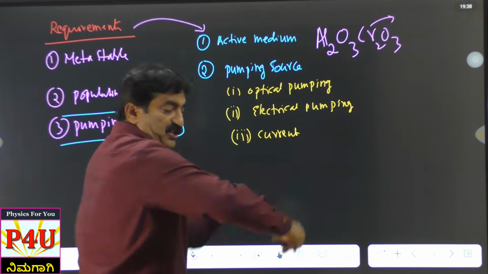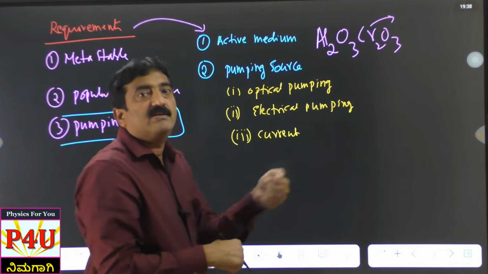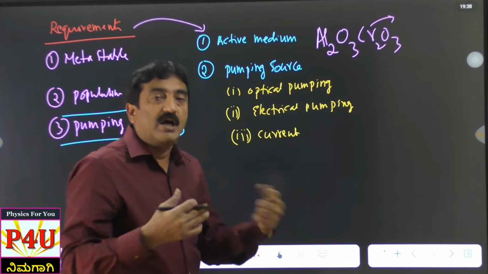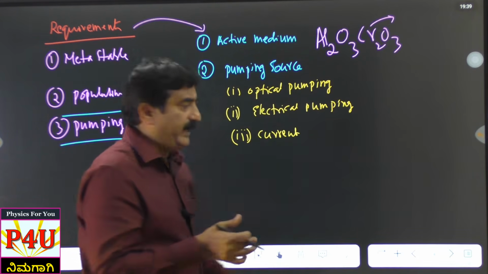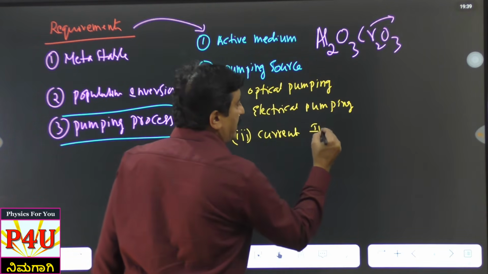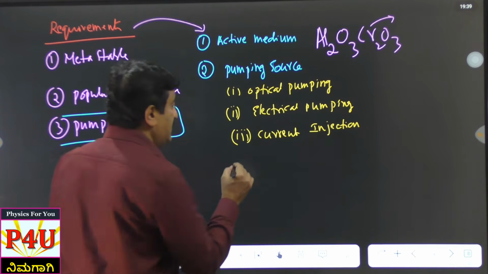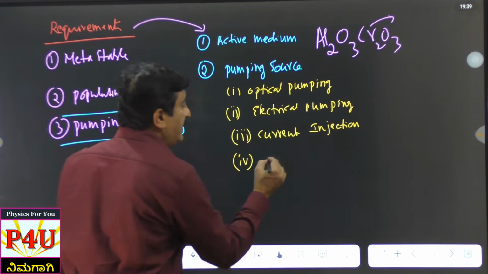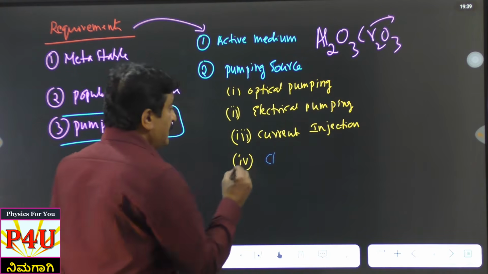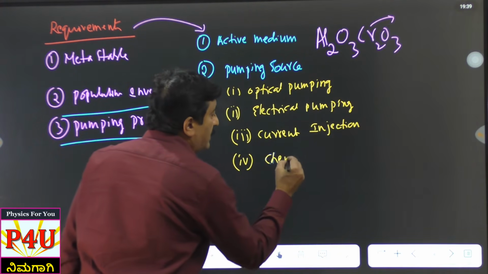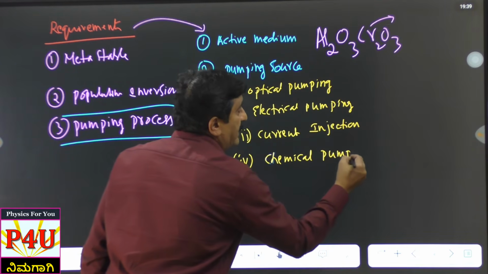It is something like injecting something. When you inject, we call it injection. Similarly, by means of current we are injecting the charges, we are injecting the atoms into the metastable state. That I will explain next. So current injection is also one of the pumping mechanisms. Sometimes we use chemical energy. Through chemical reactions also we can kick atoms, that is called chemical pumping. So these are all various pumping mechanisms.